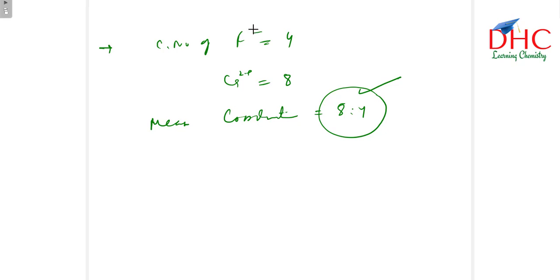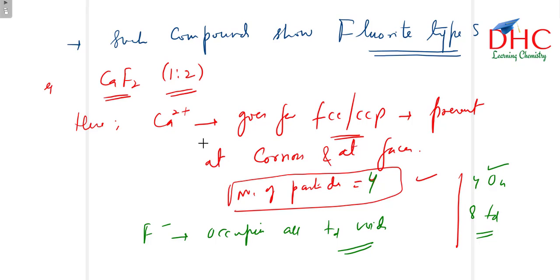Now, how many formula units are there? Since, you can see, particles, matlab calcium ions, are 4 and F negative are 8. So it is 4:8.